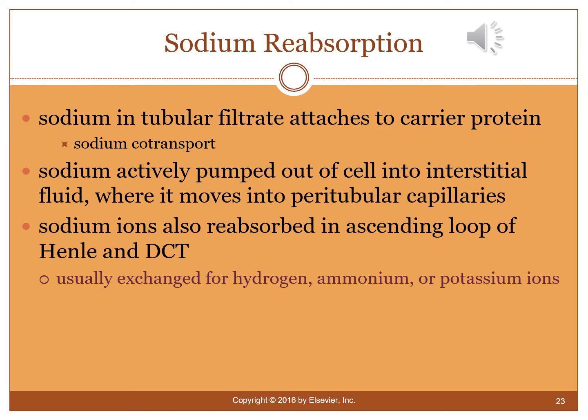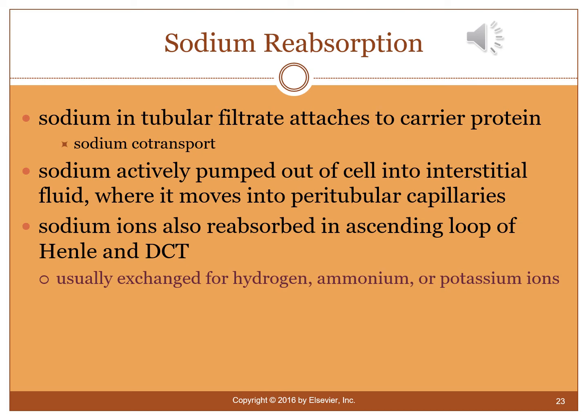So sodium is actively transported out of the cell into the interstitial fluid where it moves into peritubular capillaries, and some of the other ones are passively transported, but there's something called sodium co-transport where no extra energy is expended for things like glucose and amino acids because they hitch a ride with the sodium on the same protein.